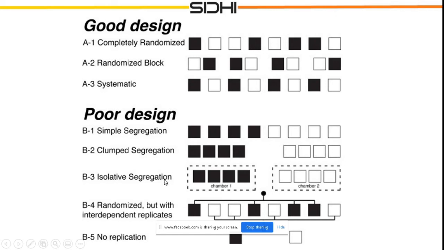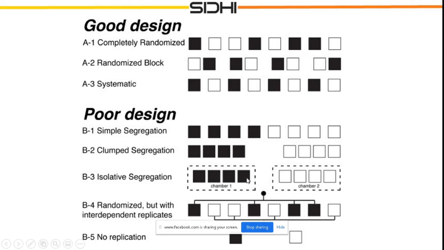And this is one thing, the isolative segregation, this is again one design you should not do. Why? Because you're limiting the condition here inside chamber one, and you have another condition here inside chamber two. And of course, magkaiba pa ng treatment. So definitely there is an influence here playing.